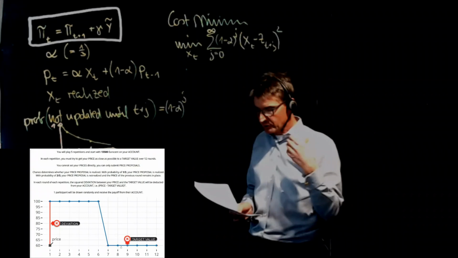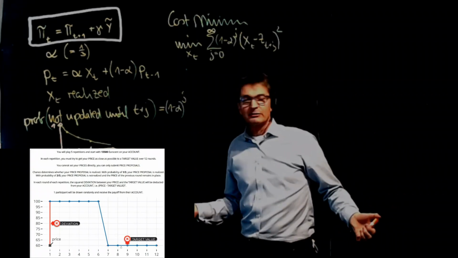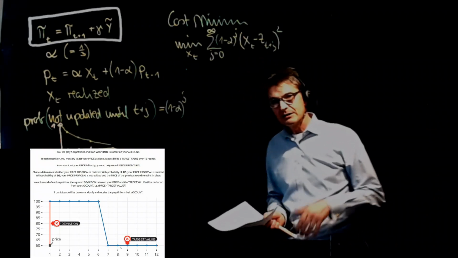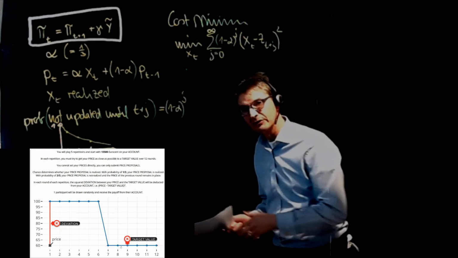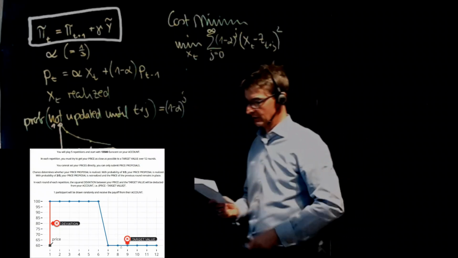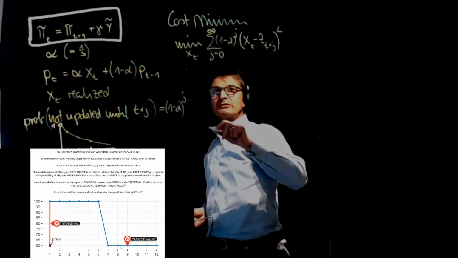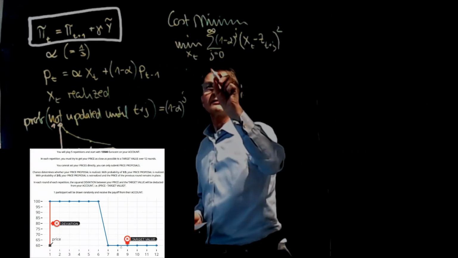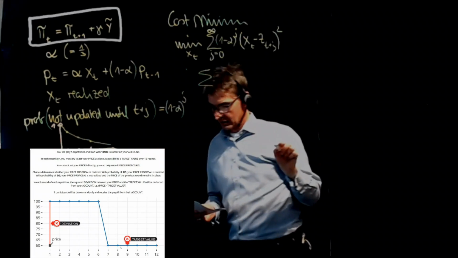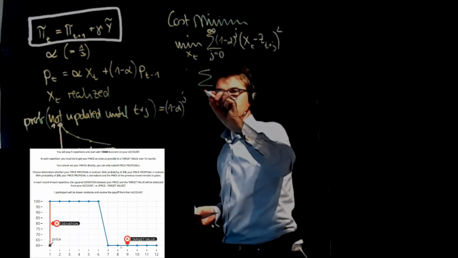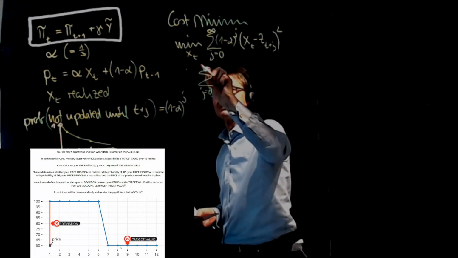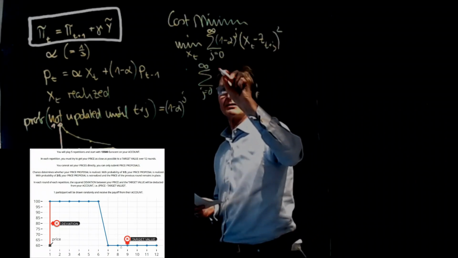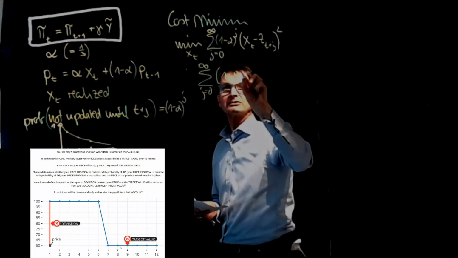And since we want to minimize that, quite surely we take the first derivative of that. And we know the first derivative in a cost minimum must be equal to 0. So what's the first derivative of this? That is this whole sum from 0 to infinity, and this exponential function, that's all the same.